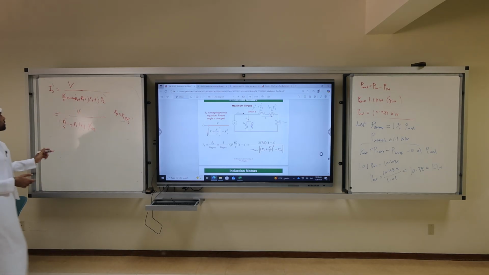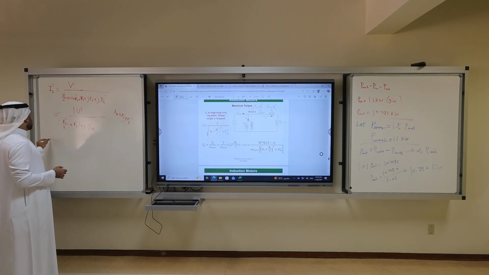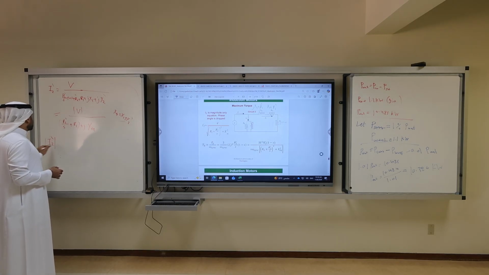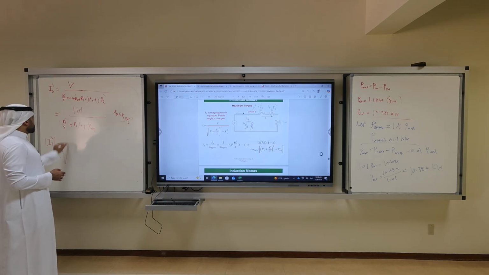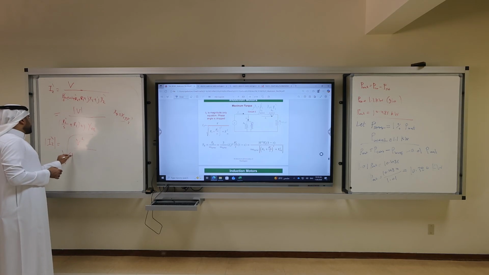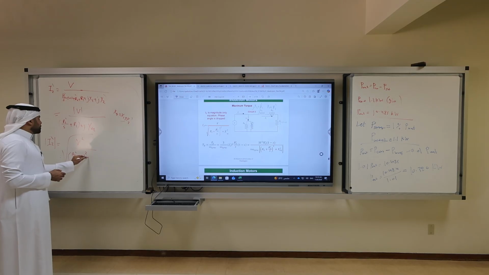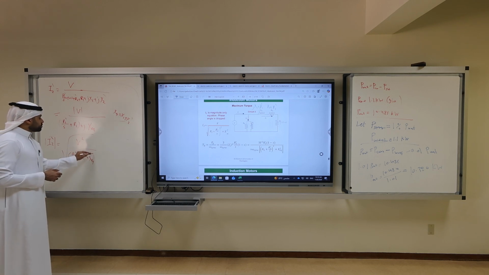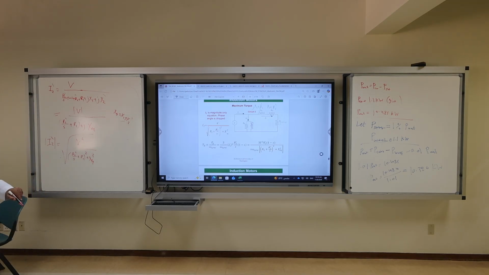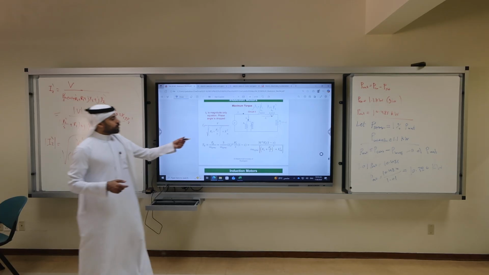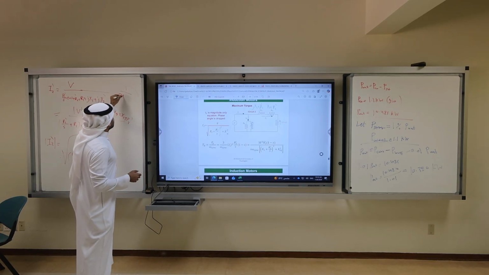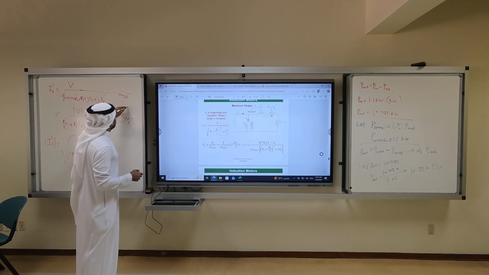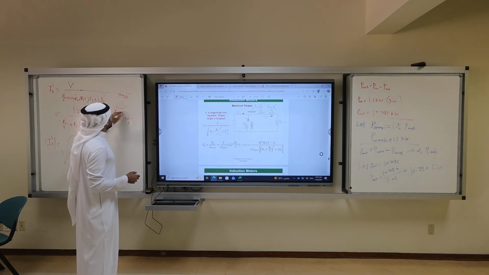Okay? Now, take the absolute value. If you take the magnitude of a complex number 1 over A plus jB, it will be 1 over the square root of A squared plus B squared, the formula for complex numbers.